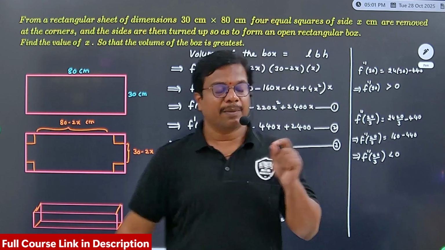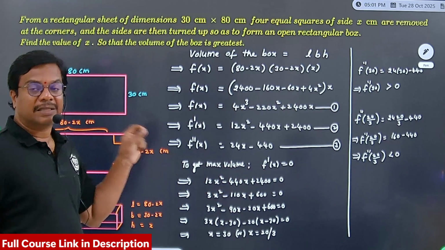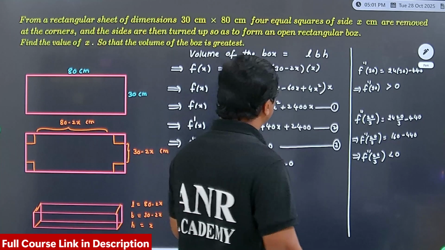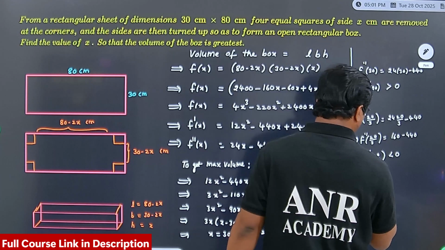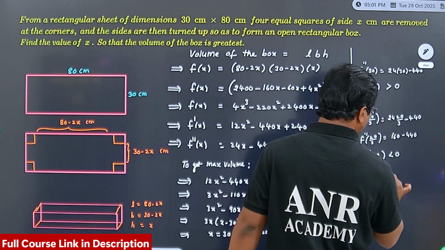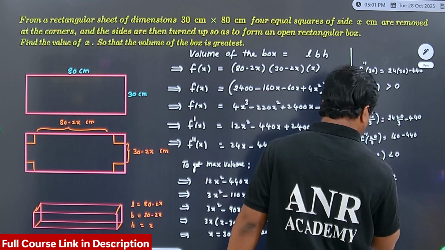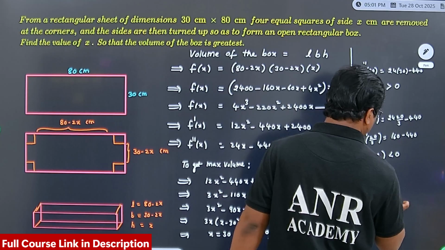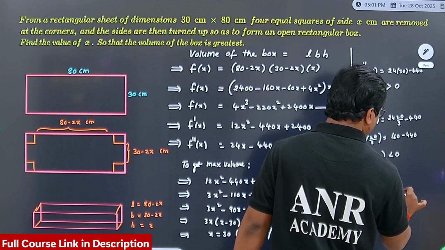Yes, when double derivative is negative, there the function f of x has maxima. Therefore, I can write at x equal to 20 by 3, f of x has maximum.